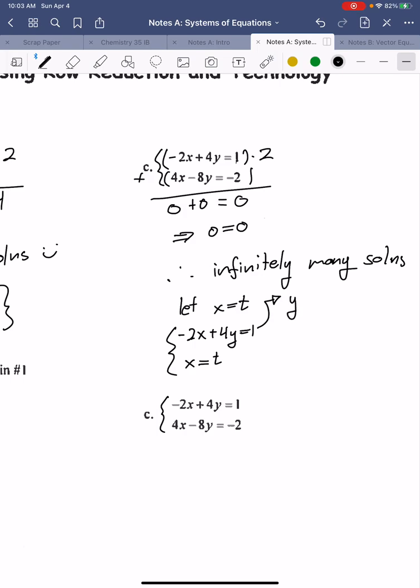So y, therefore, equals 1 over 4 plus 1 over 2t. The way we can show this is by doing the coordinate thing as last time. So t is our x, and then 1 over 2t plus 1 over 4 is our y. There she is.